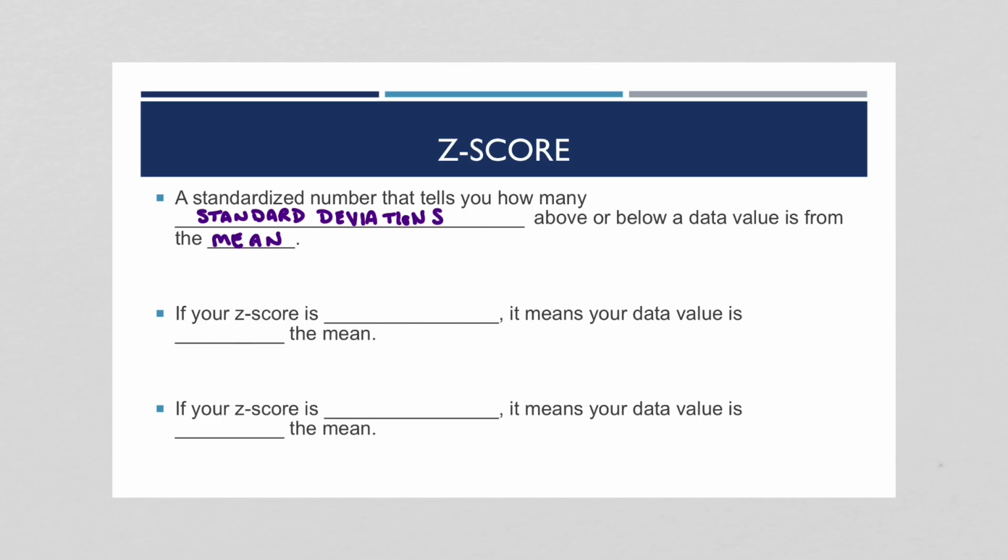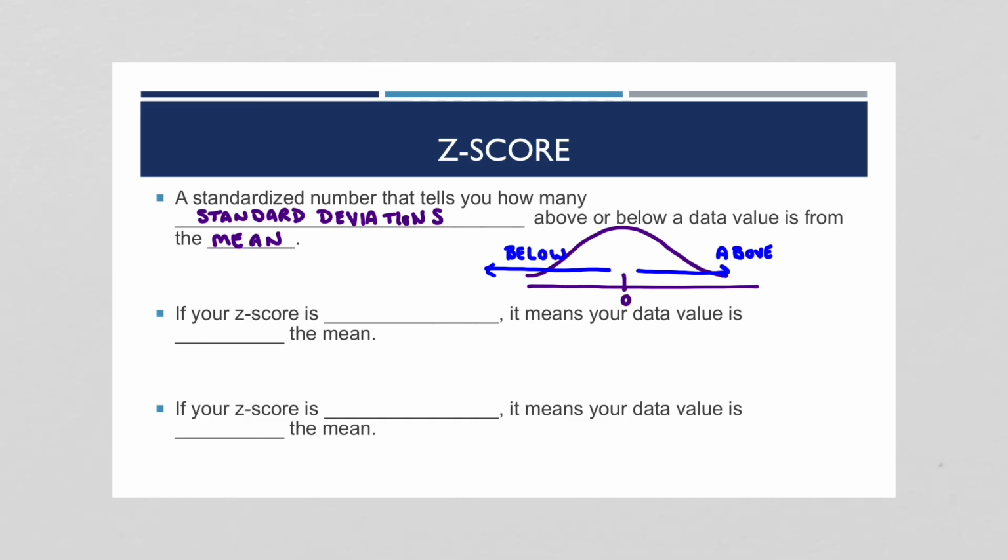So again, just to reiterate, even though I know I just showed you, forgive me for repeating myself. If we're looking at our mean on a standard normal distribution, which again, the mean is always equal to 0 in a standard normal distribution, anything to the right of our mean would be known to be above the mean. Anything to the left of the mean would be known to be below.